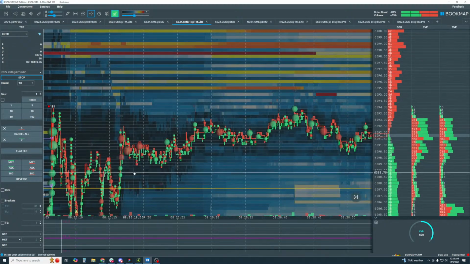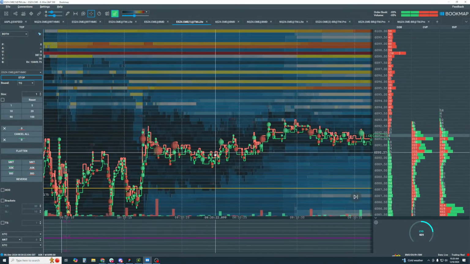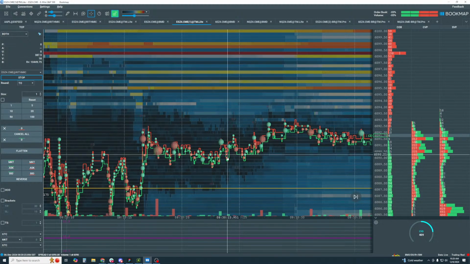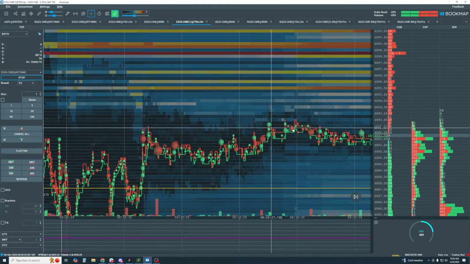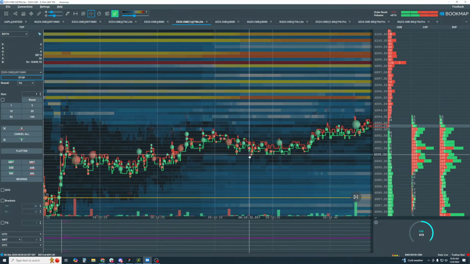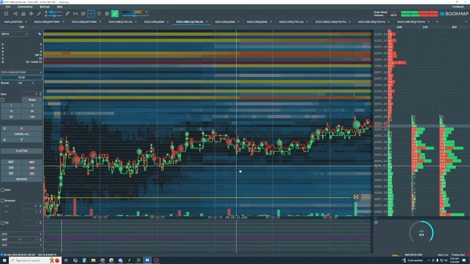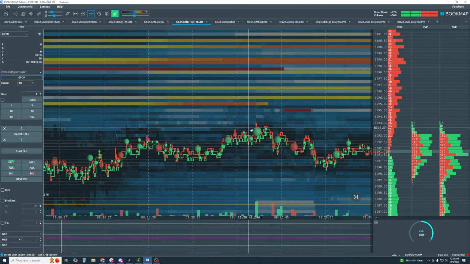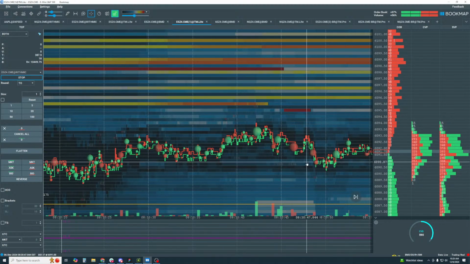Instead, this idea of pullback actually happened at a higher level. It happened here. Here's the move up. Here are the pullbacks. Here's another move up. Here are the pullbacks into those areas, and we trend higher here. It starts to turn into a bit of a range bound trade.